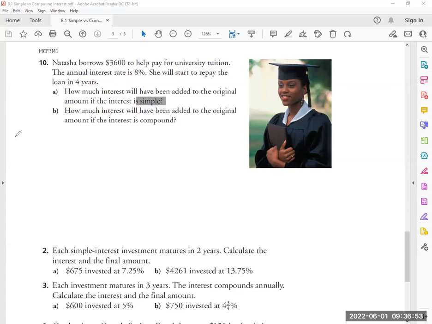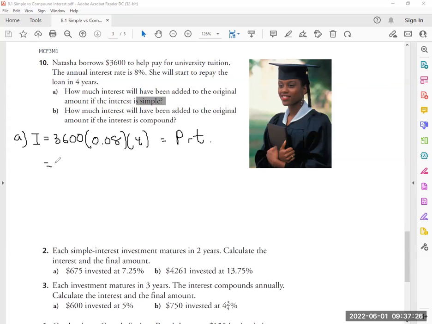Okay, pop quiz. What formula am I? And that is the use of I equals PRT.